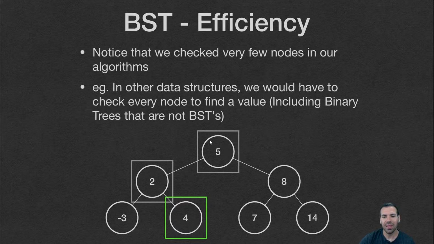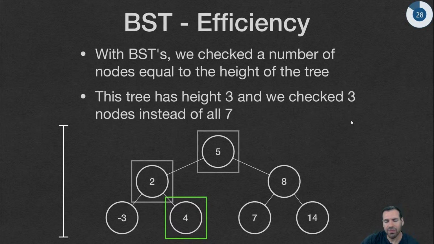So we had to check log 8 nodes, which is 3, to be able to get what we're looking for. So log of 7 is basically 3. It's a little less than 3 because it's a minus 1. So we have height 3. Log of 7 is roughly 3. Pretty good. I mean, less than half of the nodes, right? Log's pretty powerful, right? Less than half. Cool.